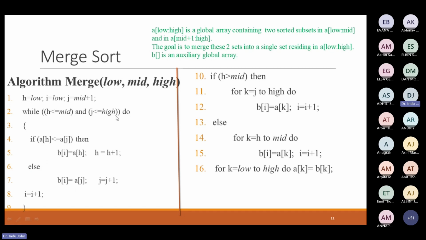As we already said, these two subarrays, left and right, may not be of exactly equal size. If the number of elements in the original array is even, then the left array and the right array will be of the same size. Otherwise, there could be a small difference in the size of these two subarrays, so one of them could have one element more than the other.